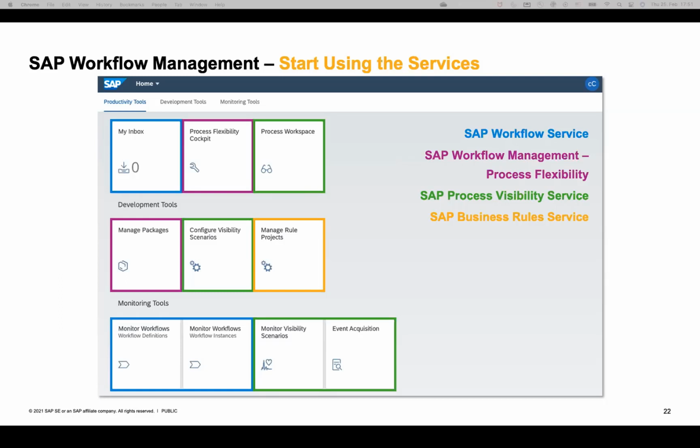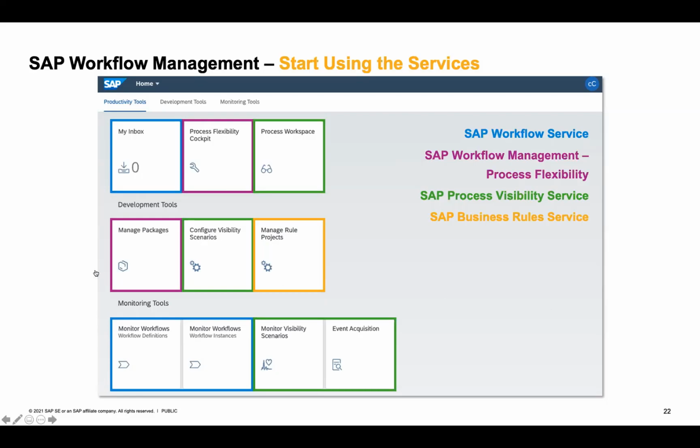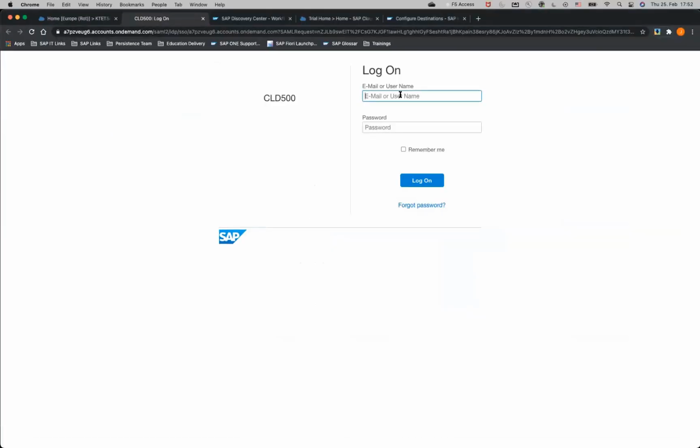But if you have a trial account, you don't need to take care of it because authentication is taken care of. If you have an enterprise account, you might have also administrators who take care of these things. So I will log in with my Schofield user and password. You don't need to know that.